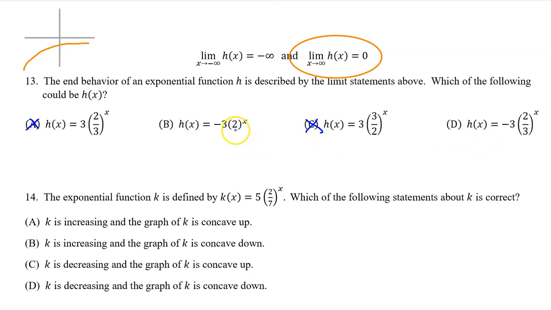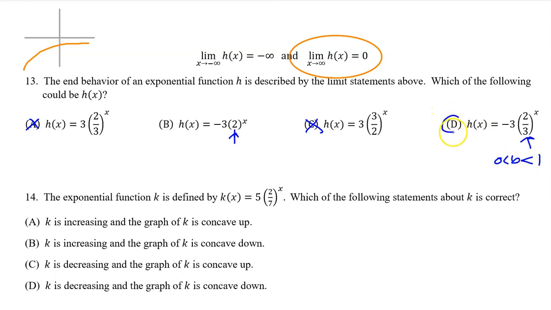Okay, the a value has to be negative. So how do we know whether it's going to be b or d? Look at the b value. If the b value is between 0 and 1, like the 2/3, then from left to right, the function will be getting closer to 0. And that's what's happening here. Notice how the function is getting closer and closer to 0. That's what happens when the b value is between 0 and 1.